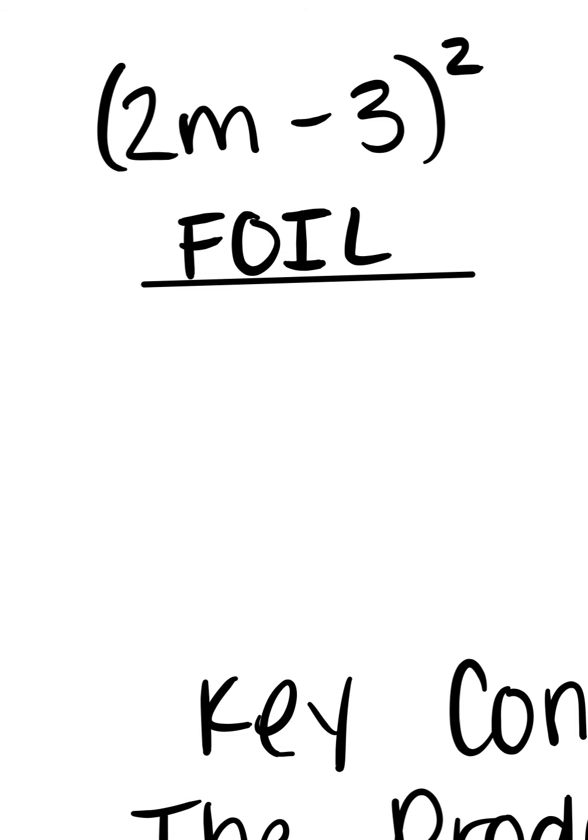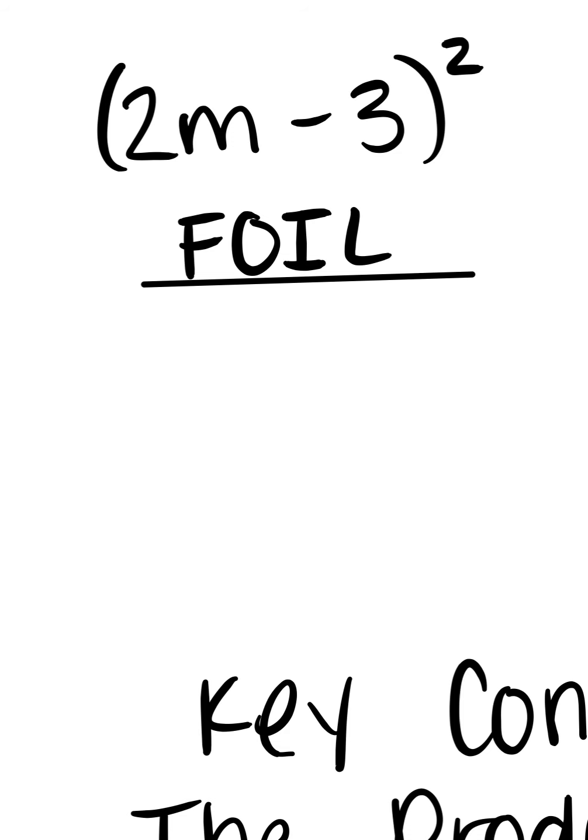Okay. It's squared, right? So we're going to use the squared formula. What else? There's one more difference. Roy? Ah, there's a constant next to the variable. It's 2m. Do you guys see that? It's not just a variable anymore. It's not just m minus 3. It's 2m minus 3. Okay? So let's keep that in mind when we're doing this problem.